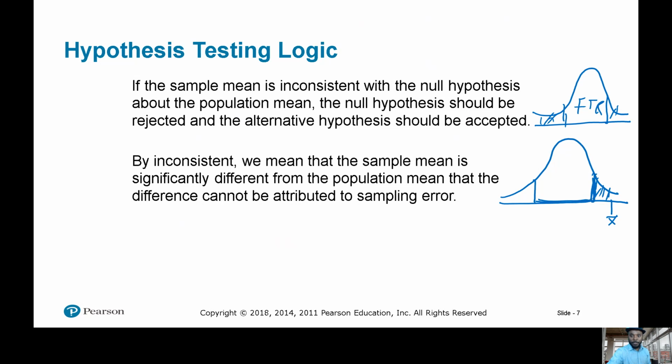Remember when we did confidence intervals, we computed a range. If the sample mean is significantly different from the population mean, the difference cannot be attributed to sampling error. So in this case, this is the rejection region, so the null hypothesis should be rejected and the alternative hypothesis should be accepted.